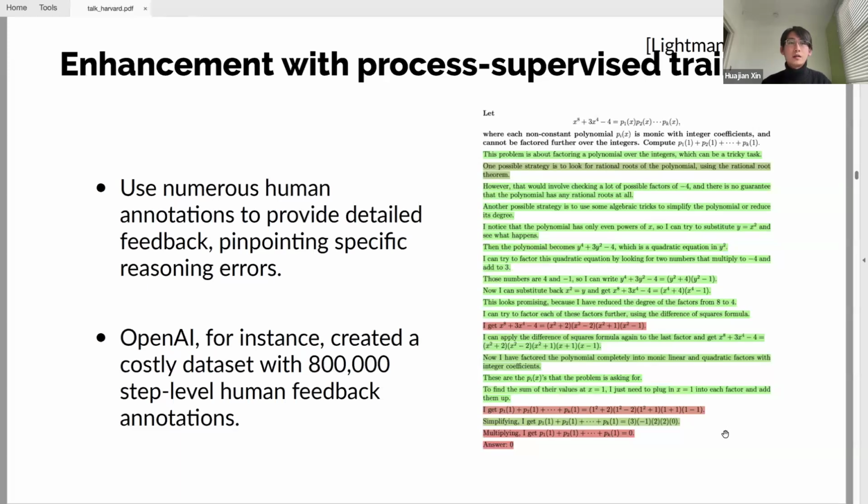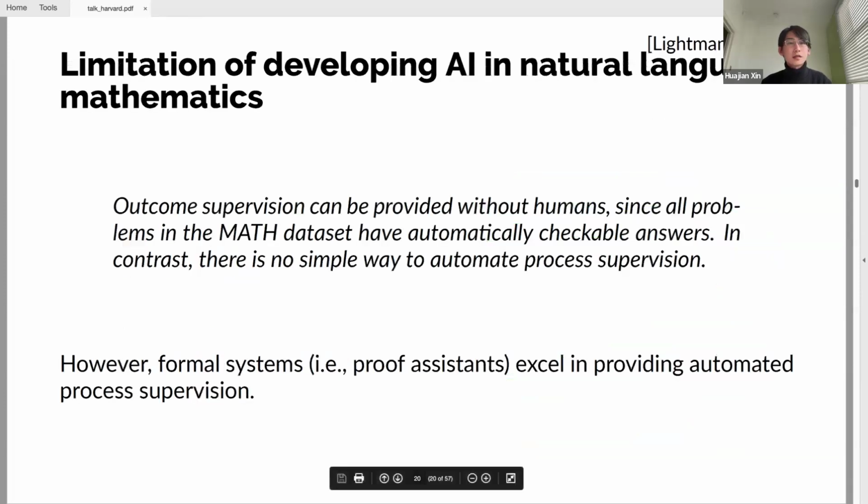For example, OpenAI's dataset requires over 800,000 feedbacks from human annotators. While outcome supervision is feasible with automatically trackable answers, automating process supervision in natural language math remains challenging.